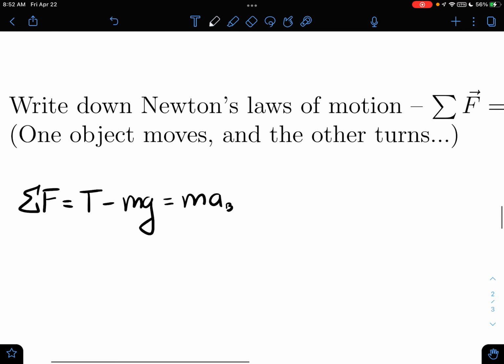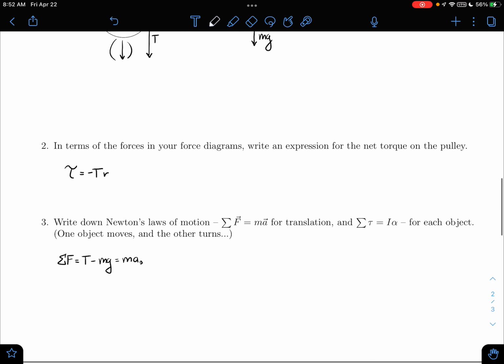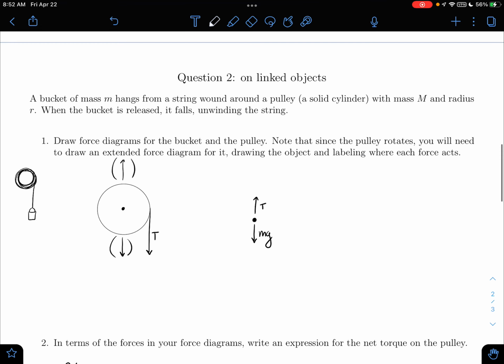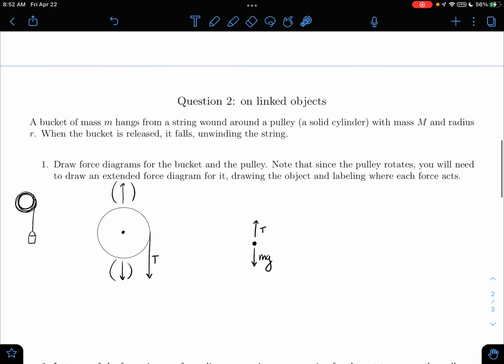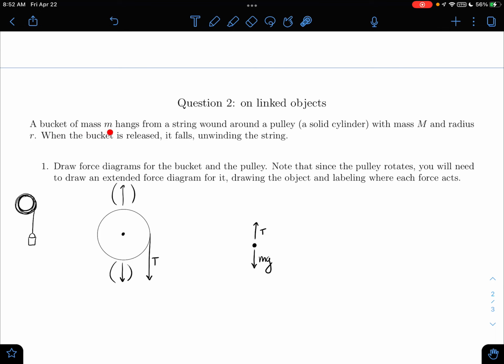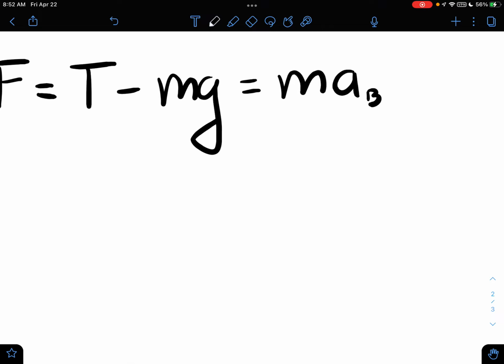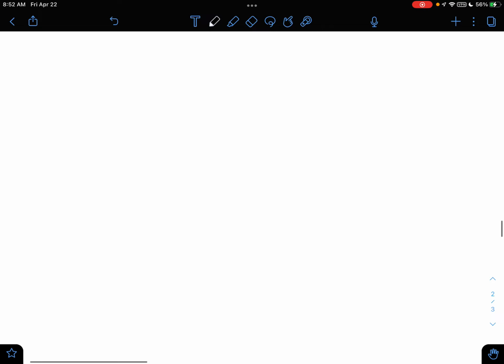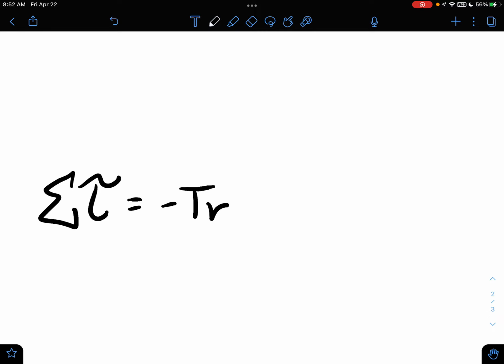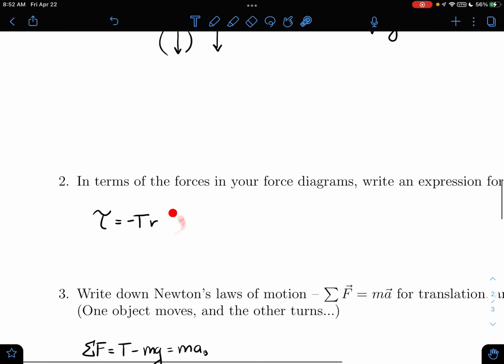Right? Again, since we have multiple things going on, we have to keep track of our bucket versus our pulley. Oh, yeah, bucket with mass little m and a cylinder with mass big M. Right? That's going to be our distinction. Okay. So now I'm just going to come down to our sum of our torques for that pulley. So that's going to be, right, negative T times R, which is what we set up here.